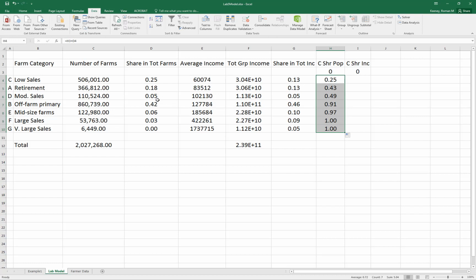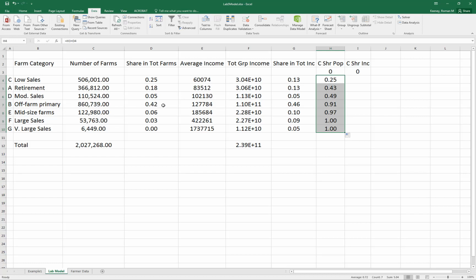Okay, so the thing you learn quickly about these categories that we were given from ERS is they're not so much income based, they are sales based. But look at this. I mean, the moderate sales group is this dominant group.